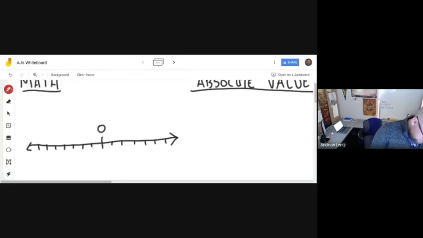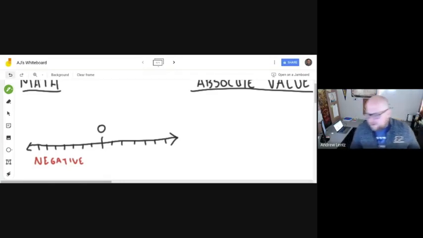A number to the left of 0 is going to be negative. And then if we have numbers to the right of 0, are our numbers going to be positive or negative? You guys got the answer out before I could even ask it. Positive. Great job.